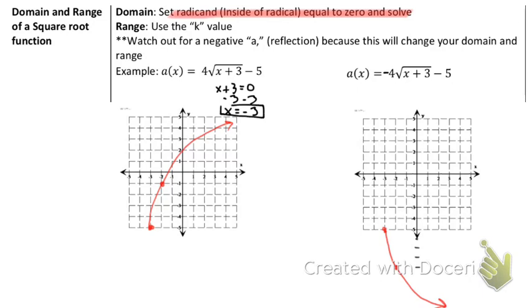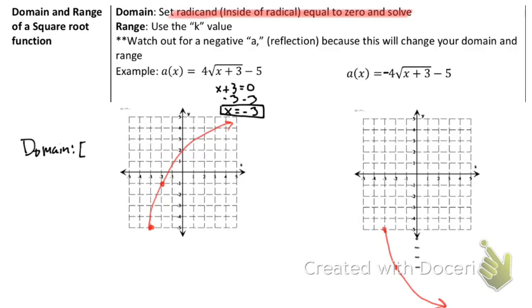So how does that affect my domain? Well, if we did our domain for this guy, we would have this domain. Remember, domain is how wide is my graph. So how far to the left does my graph go? If you look, it only goes as far as -3. And you'll notice it's actually what we got when we did this little rule here.